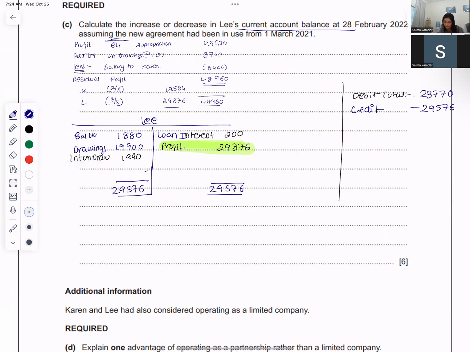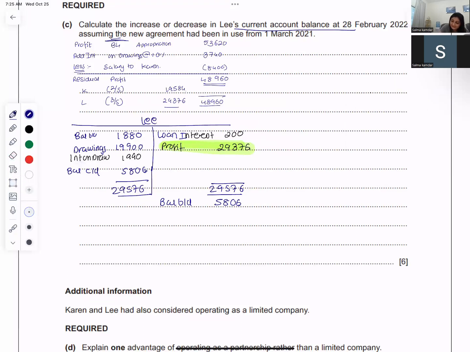Credit total is more. From that, I would subtract the debit total. I will get my balance closed down as 5,806. And this would be my balance brought down as 5,806. Now I will again read the question.